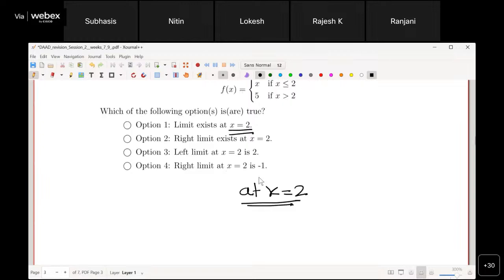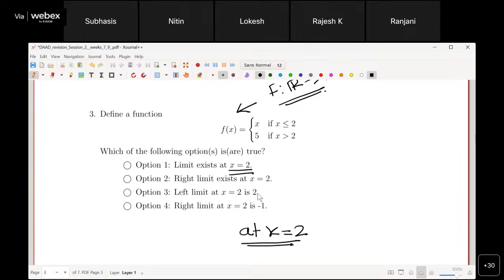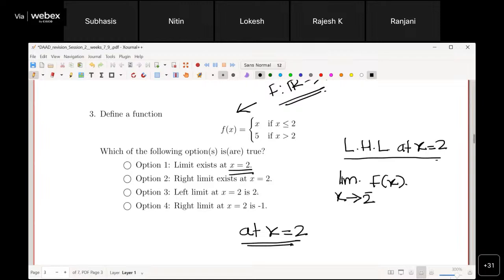First thing we need to do is find the left hand limit. Can you tell me what should be the left hand limit of this function at x equal to 2? You can write limit of x tending to 2 negative of f of x. When I'm writing x tends to 2 negative, that means x is always less than or equal to 2.